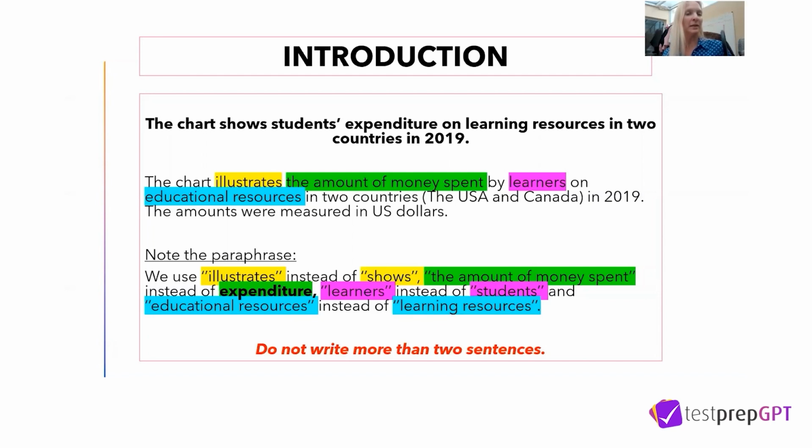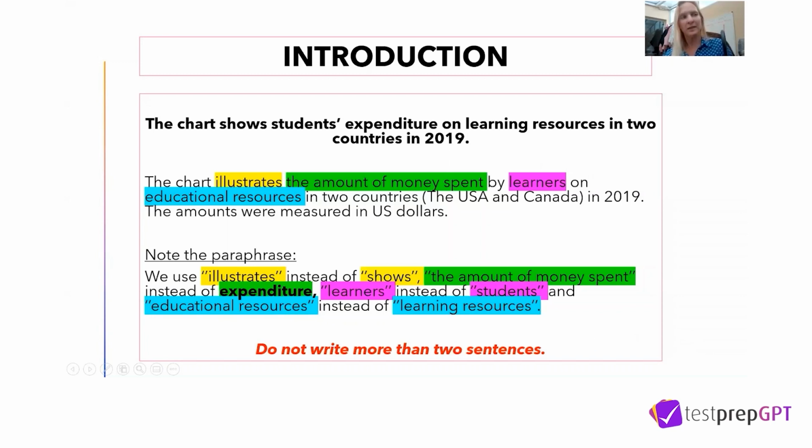The amounts were measured in US dollars. So as you can see, what I've written here has exactly the same meaning as the opening statement, but I've just turned things around. Instead of the word show, I've put illustrate. Instead of the expenditure on learning resources, I've put the amount of money spent on educational resources, and I've added learners instead of students.